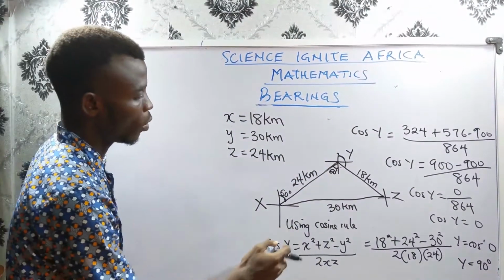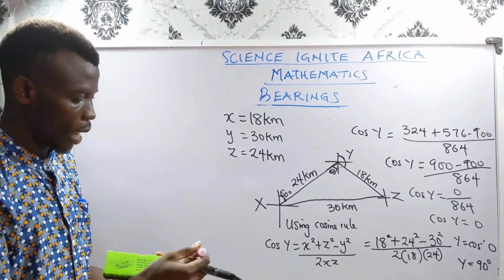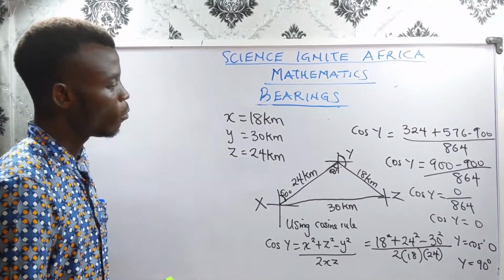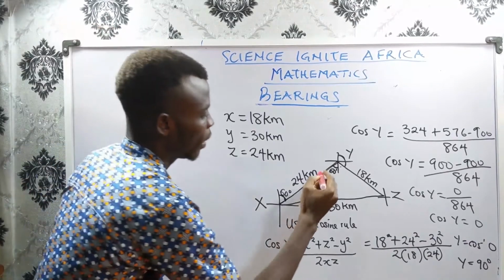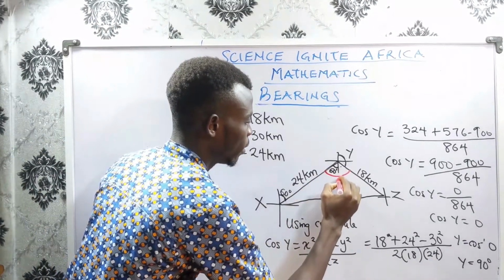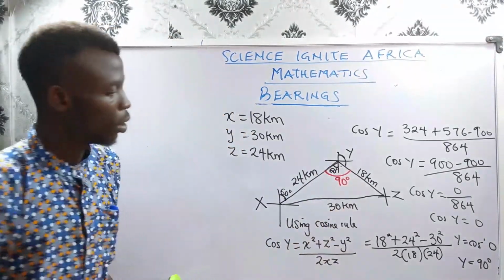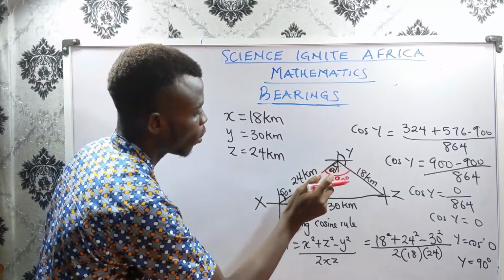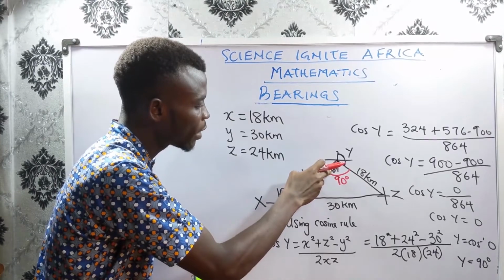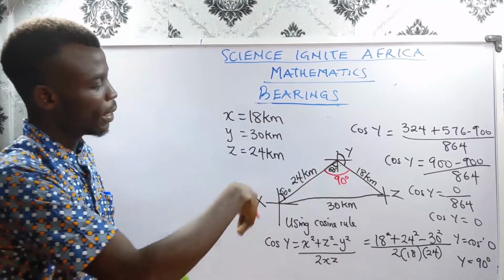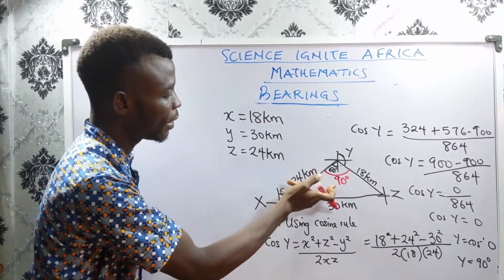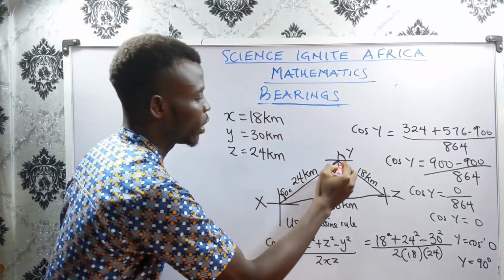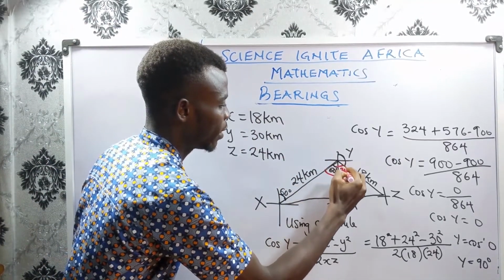So here now they are telling us that the value of y here is 90 degrees. For the value of y here to be 90 degrees, for one of the parts already to be 60, to get the other part will be 90 minus 60, which gives us 30 degrees.